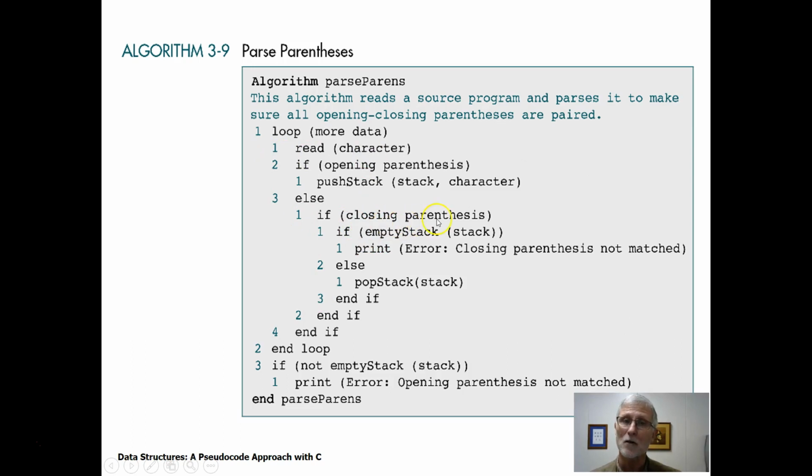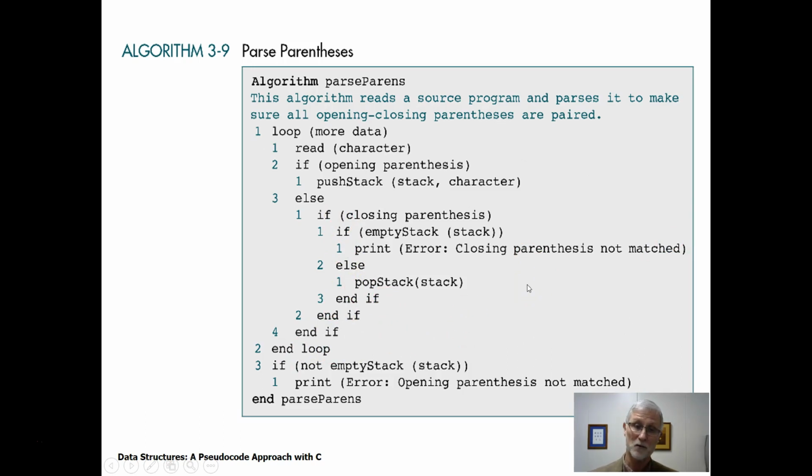But if it is a closing parenthesis, now I want to check if the stack is empty. If it is empty, then there's no opening parenthesis, so I've got a mismatched closing parenthesis. If the stack's not empty, pop the stack and then continue on.